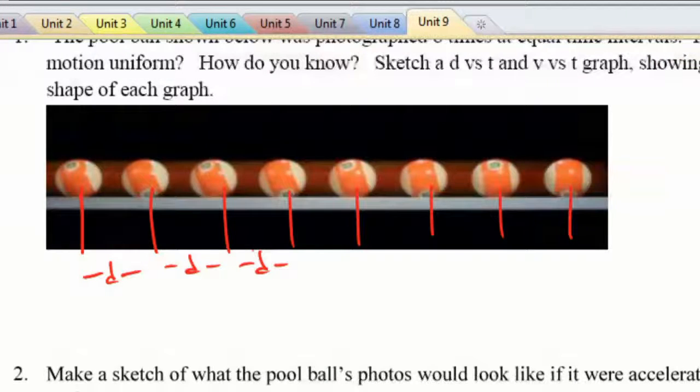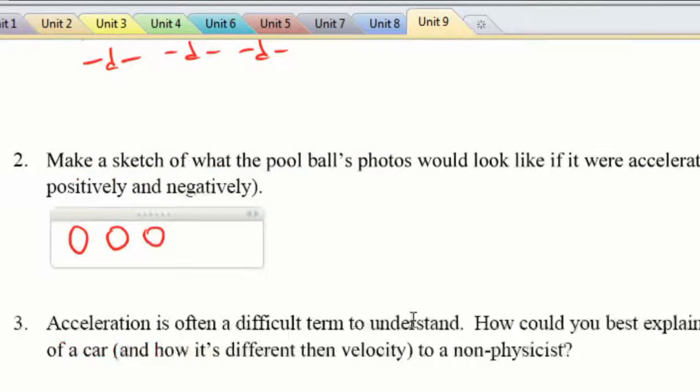Now, if the object were to accelerate, that means it would travel a greater distance. So what we're going to have to do is space out the balls, make them further apart in the same time interval. If I have a ball here, and a ball here, and a ball here, those are all roughly the same distances apart, according to my fantastic drawing skills.